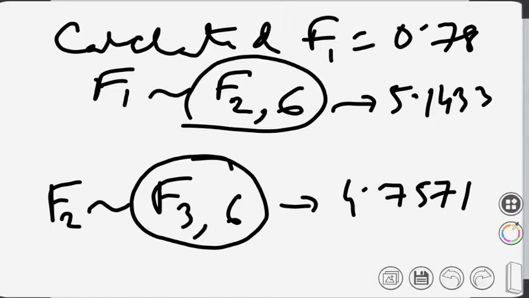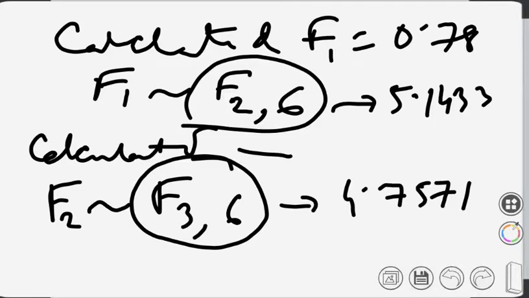So now calculated F1 and calculated F2, how much? 0.78 and 0.45. So for both the cases they are less. Calculated F1 is less than the tabulated F1, and calculated F2 is also less than the tabulated F2.